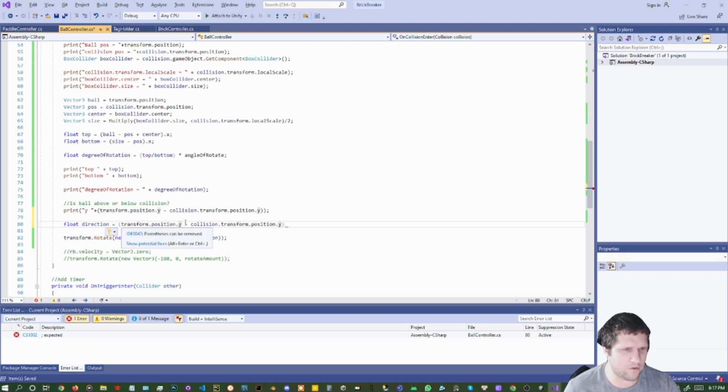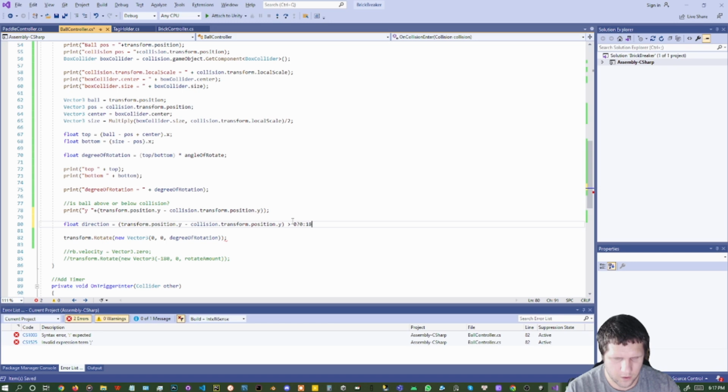The float direction is equal to the transform position y minus the collision transform position y, greater than 0 question mark 0 else 180.